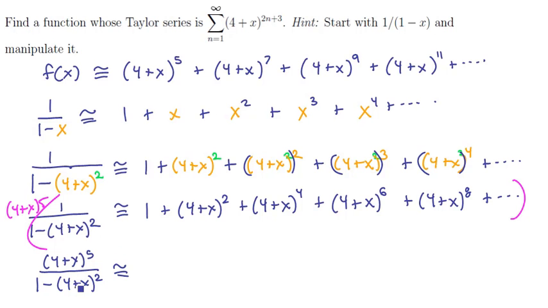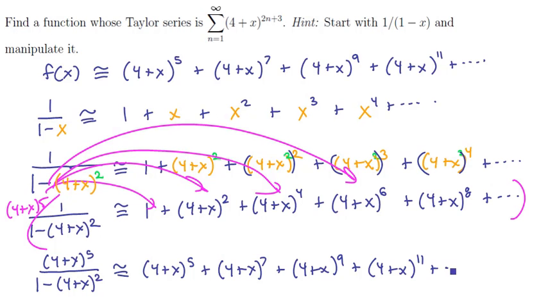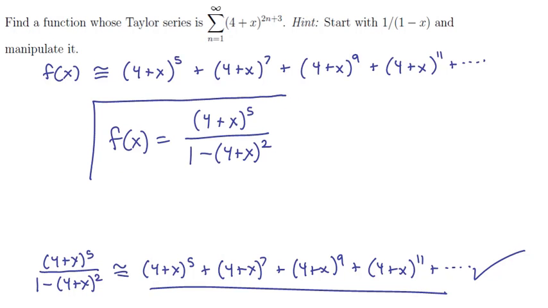And on the right-hand side, if we distribute that power term by term, we're going to have (4 + x) to the 5th plus (4 + x) to the 5 plus 2, or the 7th, plus (4 + x) to the 5 plus 4, or the 9th, plus (4 + x) to the 5 plus 6, or the 11th, and we've recovered exactly the series we were looking for. We have a spot on match. That means our function is (4 + x) to the quantity 5 over 1 minus (4 + x) quantity squared. And we could clean that up if we wanted to, but let's just leave it like that. There's the function whose Taylor series we're looking for.